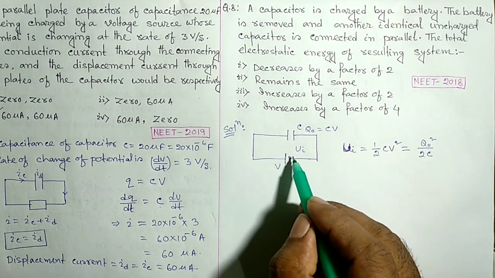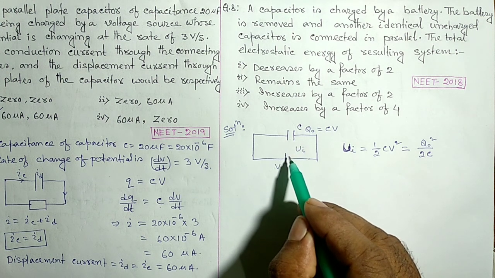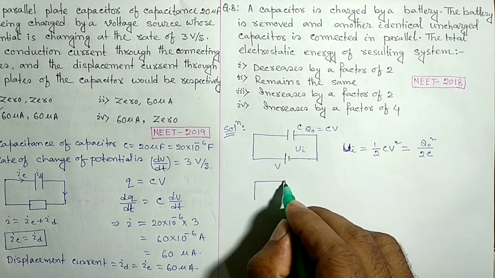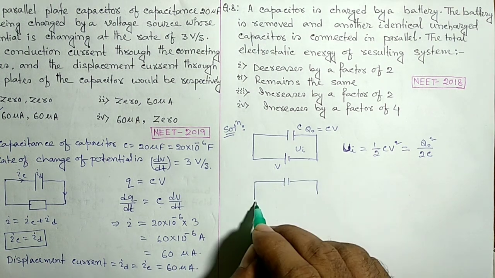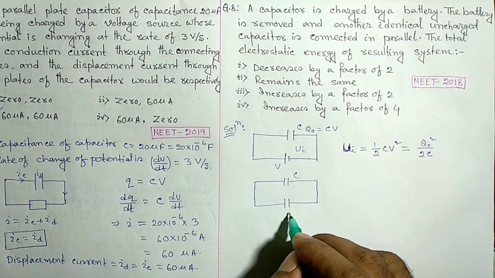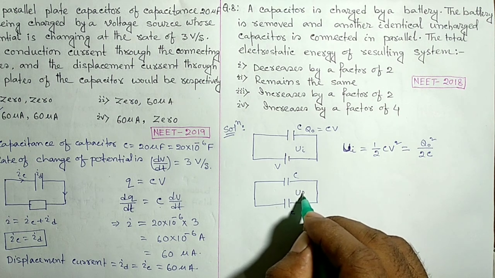Now we remove the battery and connect another identical capacitor in its place, so the diagram looks like this. This is C, this is C. Now the final energy is UF.